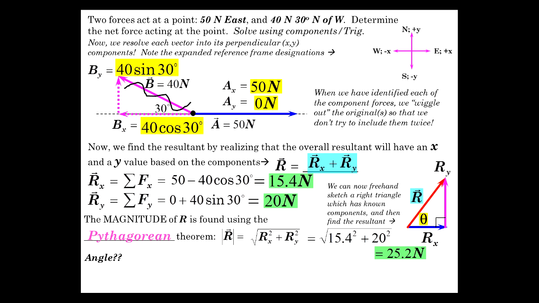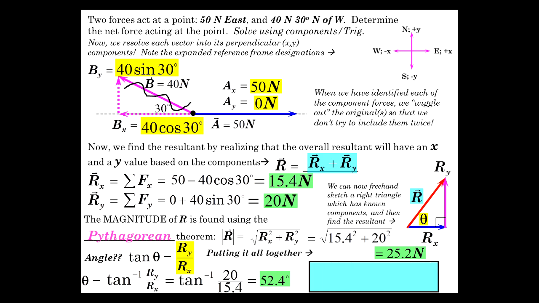What about the angle? Well, the tangent of the angle, tangent of theta, is opposite over adjacent, Ry over Rx. So let's get the angle, which is the inverse tangent of Ry over Rx. There it is. Calculator gives us 52.4 degrees. So putting together the magnitude and the direction into our expression for the answer, we have 25.2 newtons at 52.4 degrees north of east.